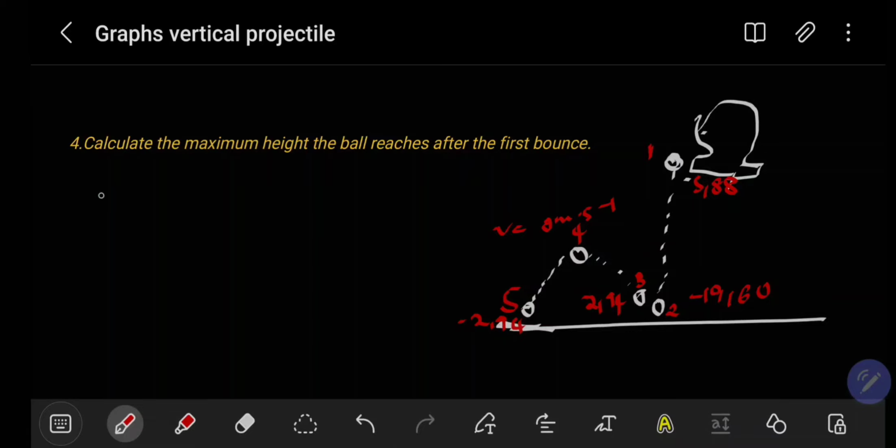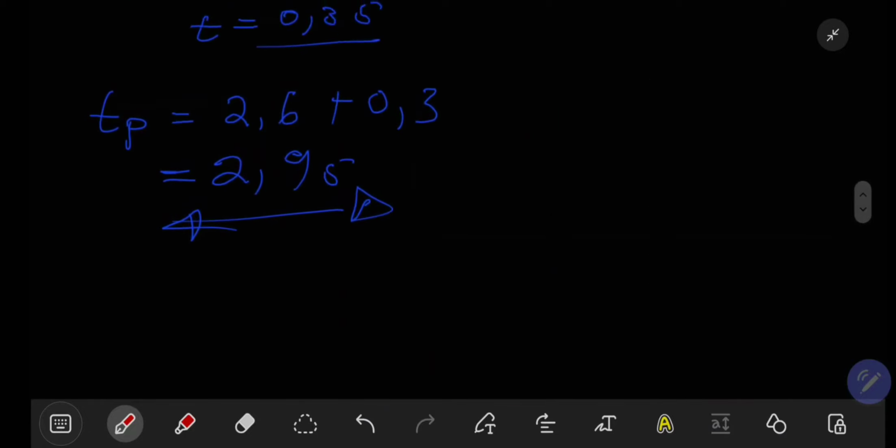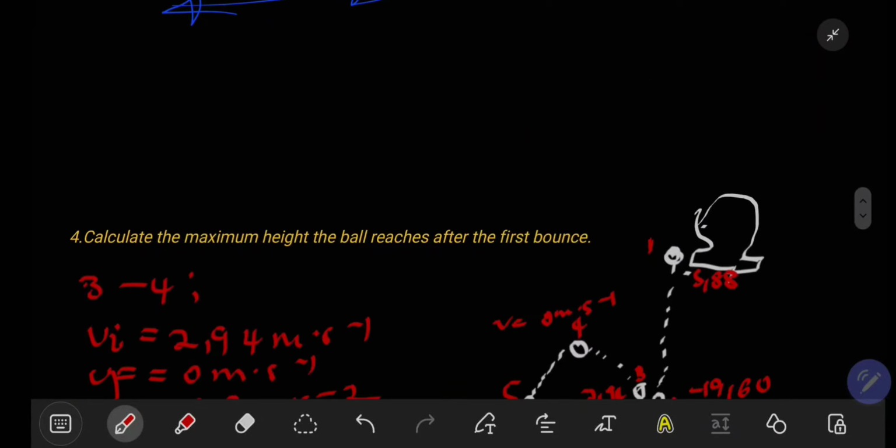So we're going to consider from 3 to 4. The initial velocity is 2.94 meters per second. The final velocity is 0 meters per second. The gravitational acceleration is negative 9.8 meters per second squared. Our change in t, which we just calculated, is 0.3 seconds.